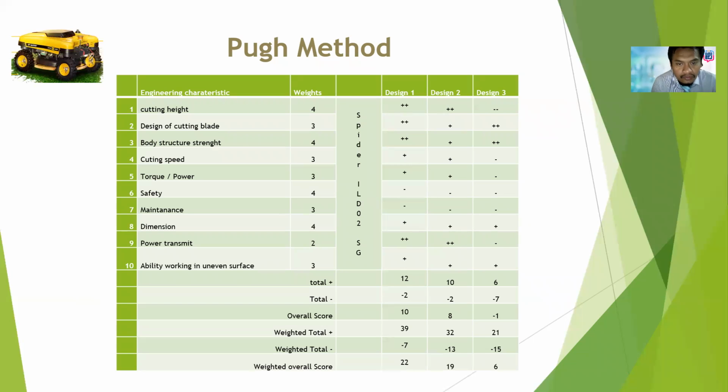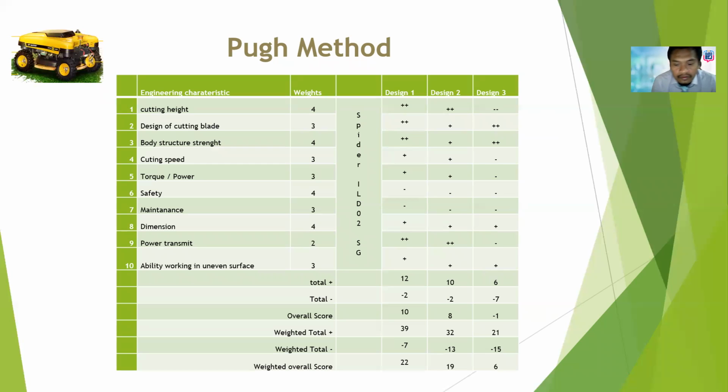Okay. So we put the weight for the engineering characteristics. Important for this method, we set a datum. We set the datum by using the spider ILDO2 SD, and that is shown in the top left picture.